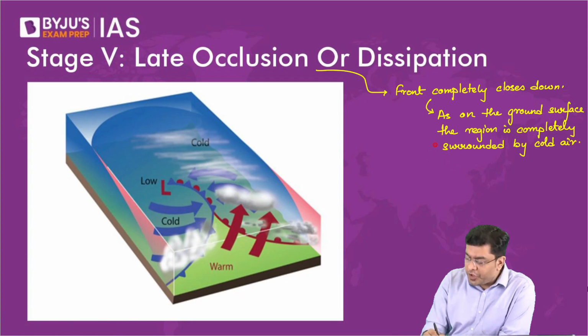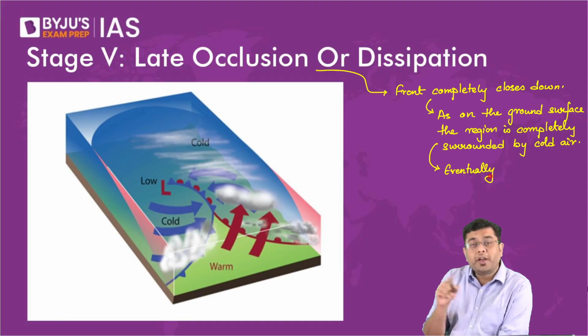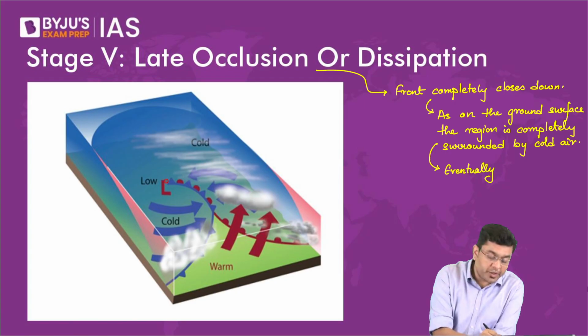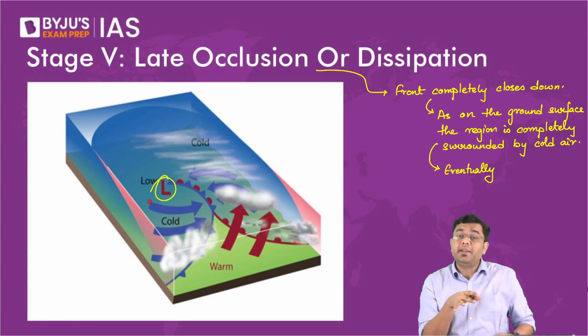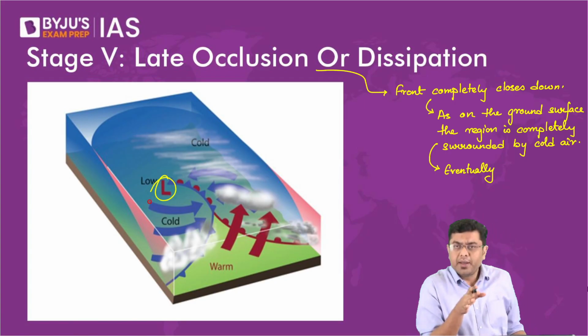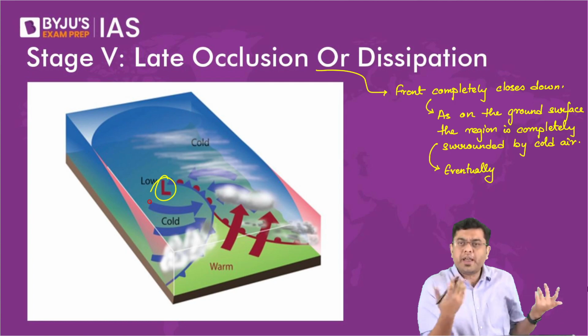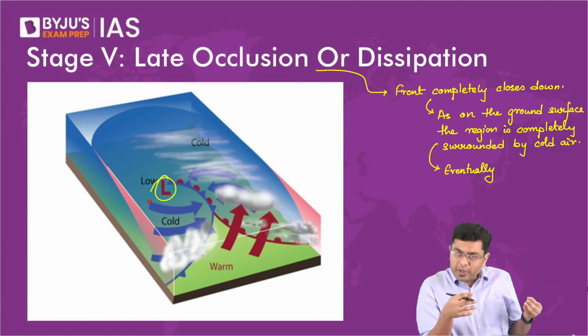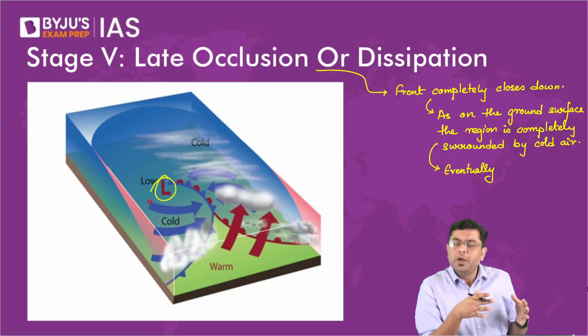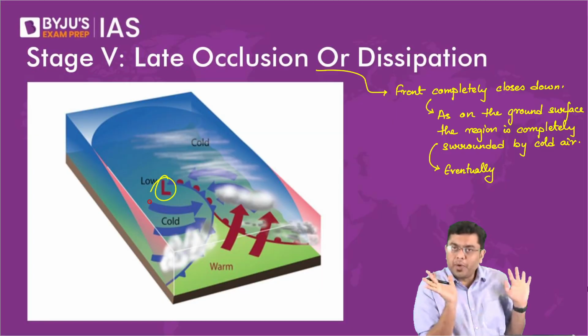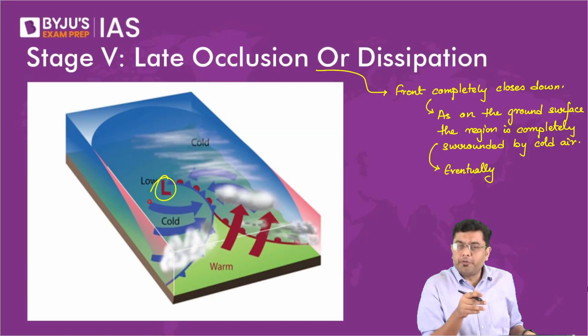So eventually, if on the ground surface in this particular region of low pressure, let's suppose you only have the cold air, that means in that region you don't have any front anymore. So if you don't have a front anymore, the cyclonic circulation will come to an end completely. I will repeat, around the region of low pressure where the air was rising from all sides.